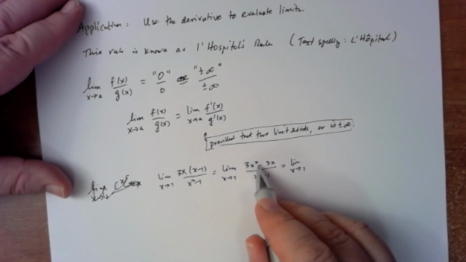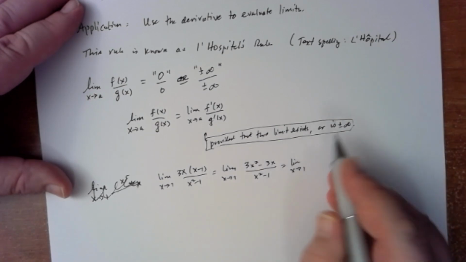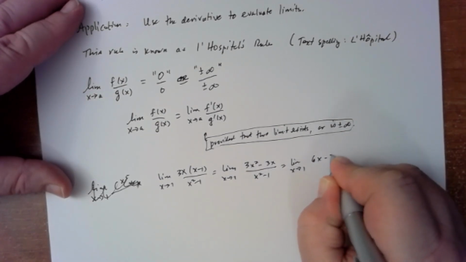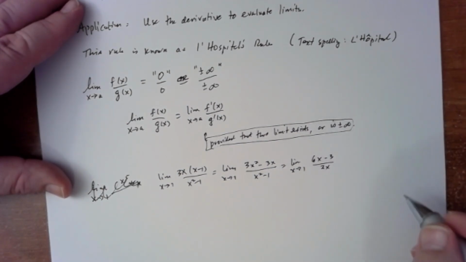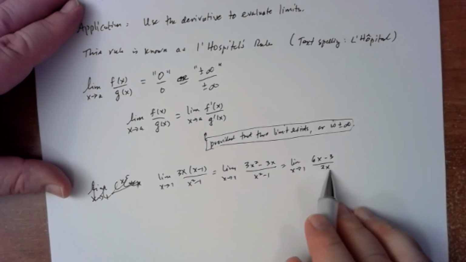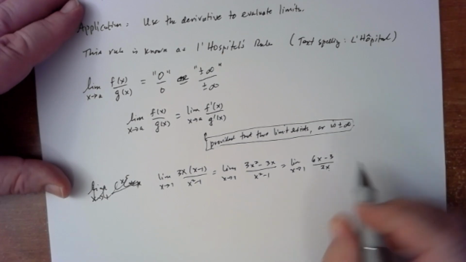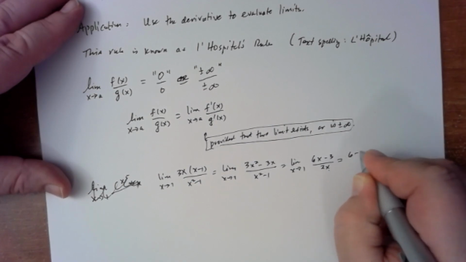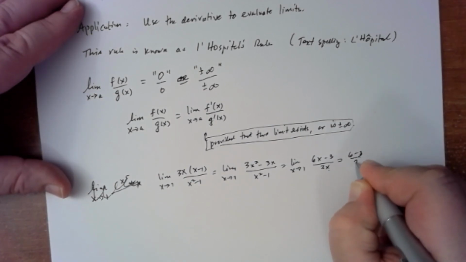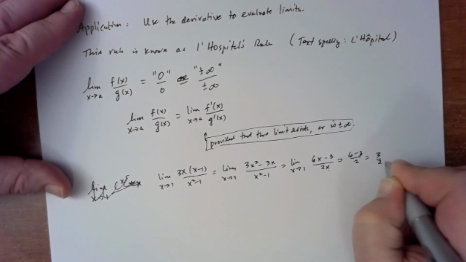So the derivative of the top will be 6x minus 3. The derivative of the bottom is 2x. Good. And now when you plug in 1, do you see that you don't get the problem anymore with 0 divided by 0? So now that's going to be 6 minus 3 divided by 2, or 3/2.